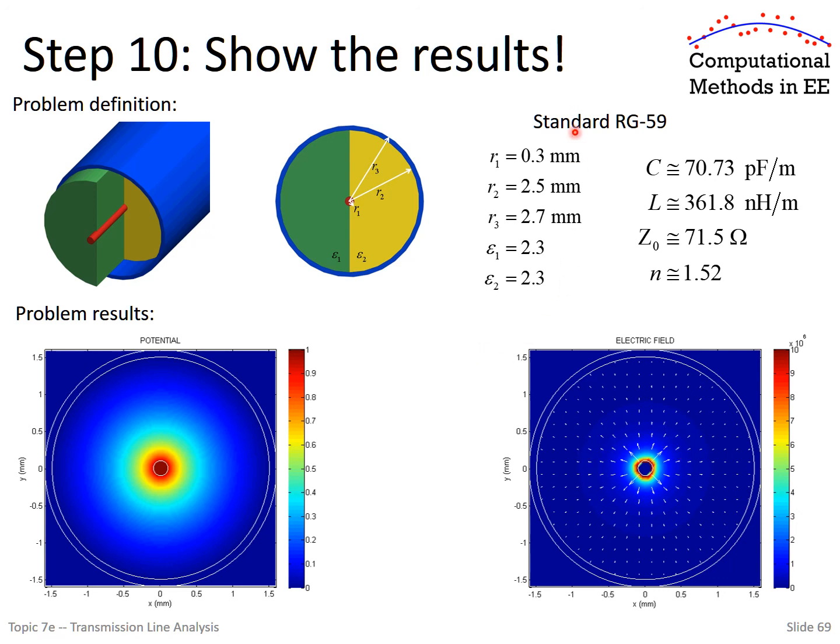And for this particular analysis, given these dimensions and permittivities, here's the L, C, and Z naughts that I get. And by the way, these numbers pretty much stay the same for all transmission lines. So that doesn't mean you're always getting 361 nanohenries, but it's usually on the order of 50 to 500 nanohenries per meter, in that ballpark.